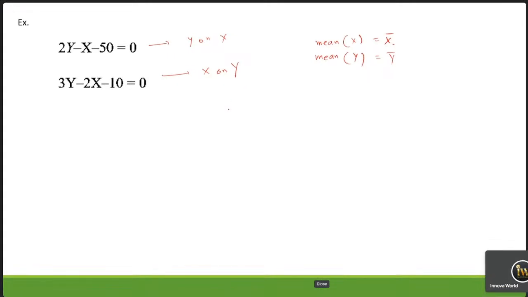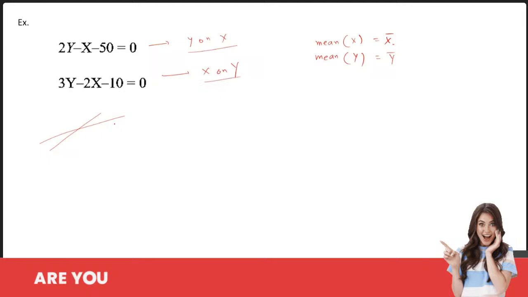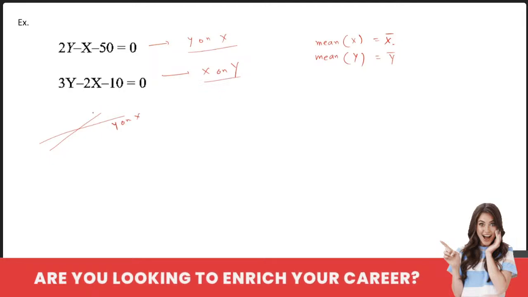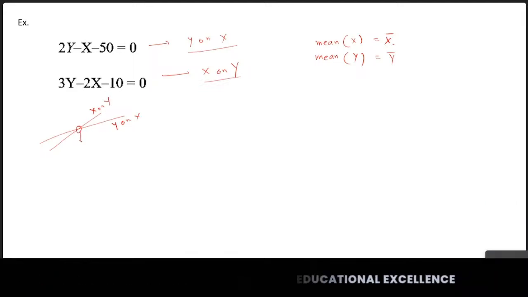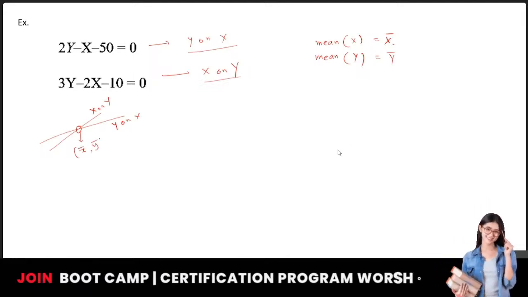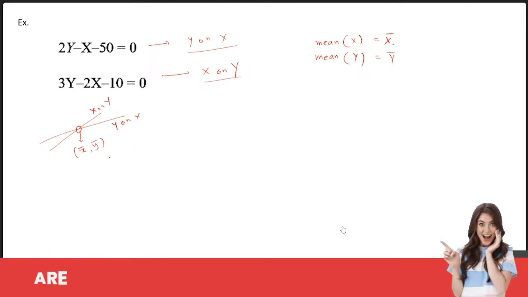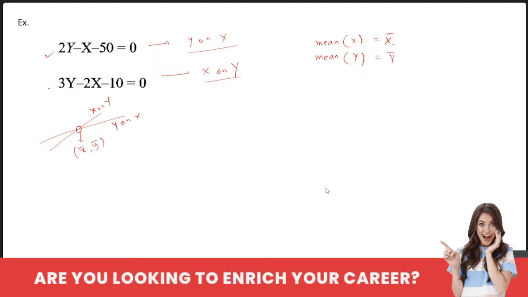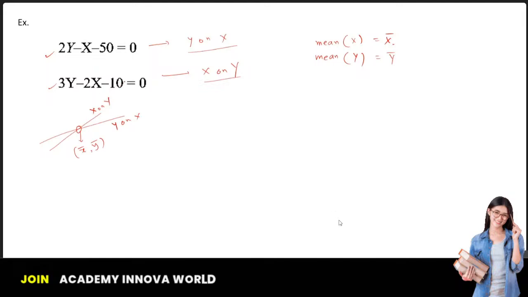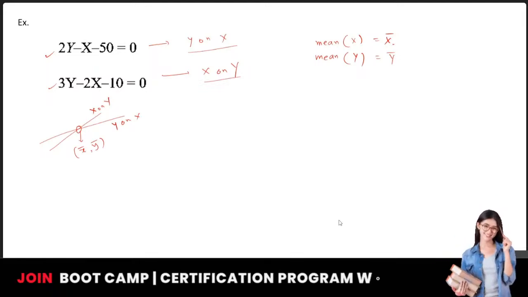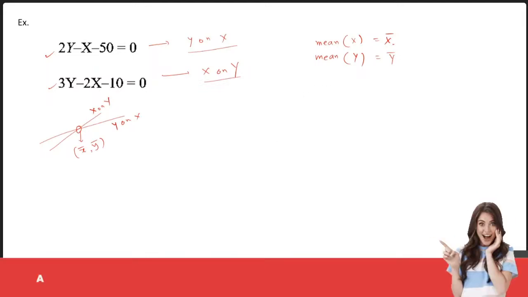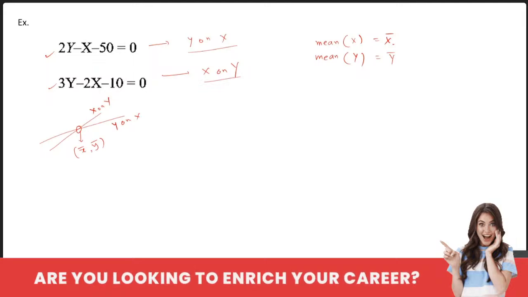Basically, there is a rule that the regression equations y on x and x on y, these two straight lines, will intersect at the point x bar, y bar. So simply, if you solve these two equations, whatever values of x and y you get will represent x bar and y bar itself.